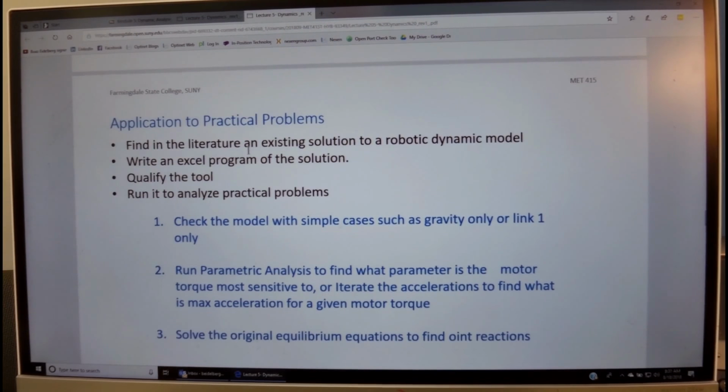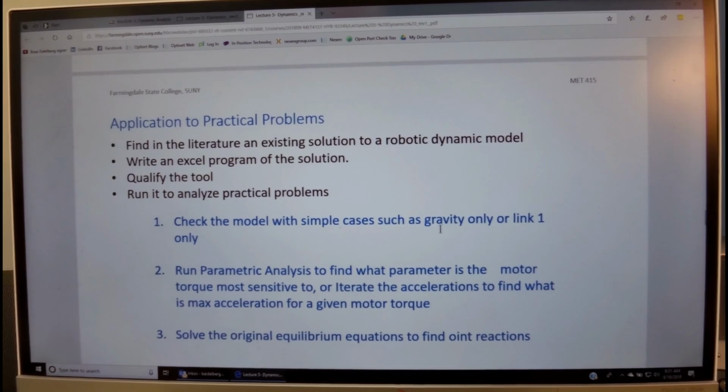When we apply solutions to practical problems, whether we develop the equations ourselves or use an existing analytic solution, it is always important to check the model against simple cases, such that we apply only gravity and we eliminate all the accelerations, and we see if the results make sense.